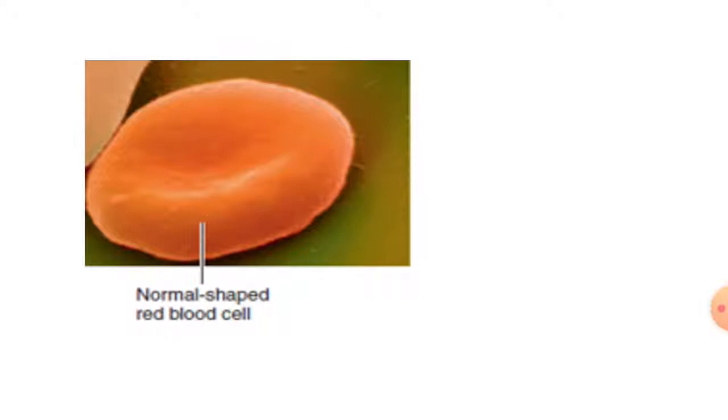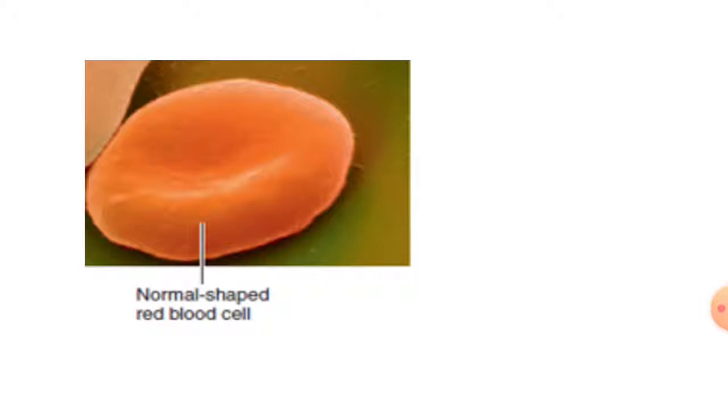Also, because the red blood cell does not have mitochondria, it generates ATP anaerobically, which means it does not use the oxygen it contains for generation of energy, and by this it preserves the oxygen to be transported to the tissues.